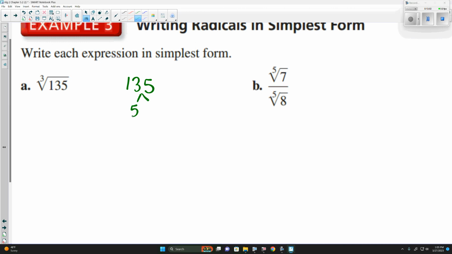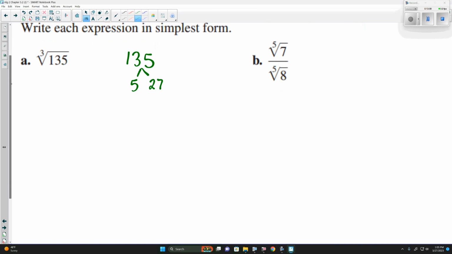5 goes into 135 27 times. So we have 5 times 27. Now 5 is prime, 27 is not. What is the smallest factor of 27 besides 1? And it'd be 3 times 9. And 9 would be 3 times 3.